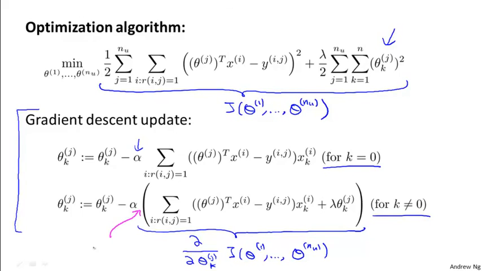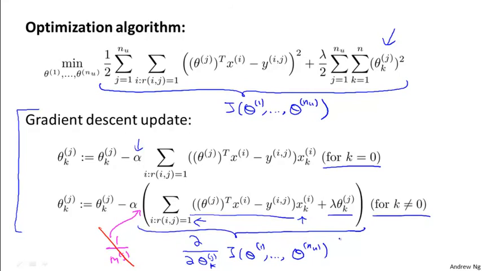The only minor difference is that for linear regression, we had these 1 over m terms. It would have been 1 over mj, but because earlier when we were deriving the optimization objective, we got rid of this, we don't have this 1 over m term. But otherwise, it's really the sum of my training examples of the error times xk, plus the term that the regularization contributes to the derivative.